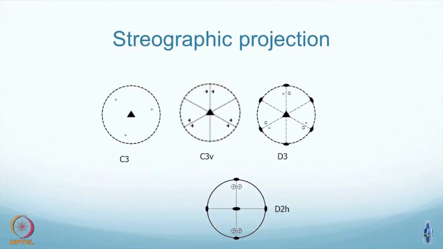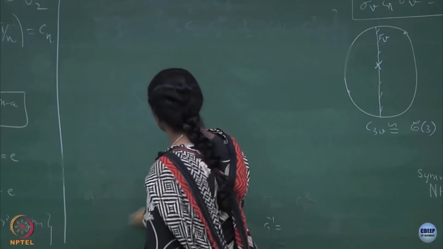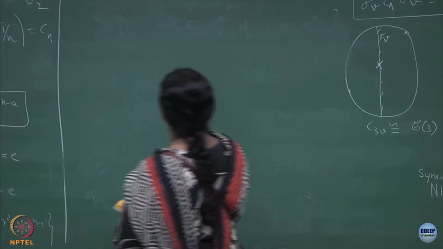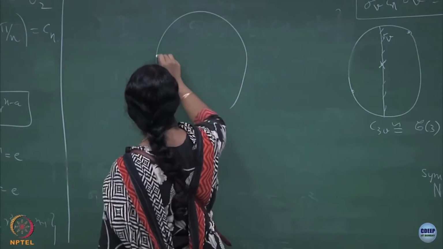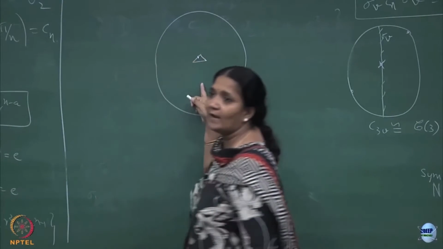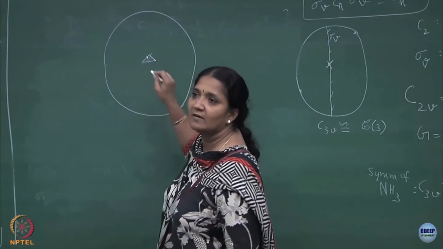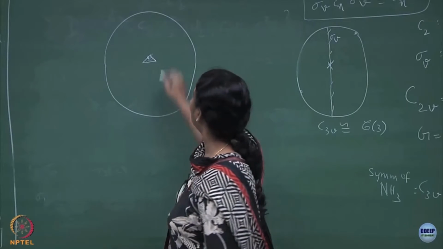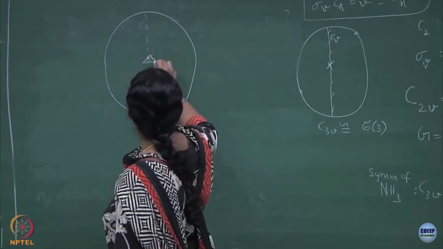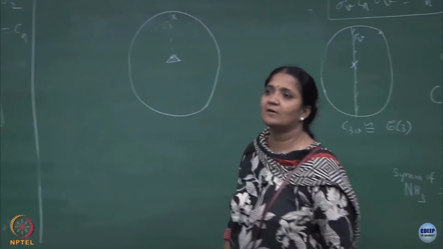C3V. So, let us do it, maybe that will clarify for you. So, you have the axis which is the threefold axis of rotation, which is sometimes denoted universally as a triangular point at the center, and then you take either a filled circle or call it a cross.